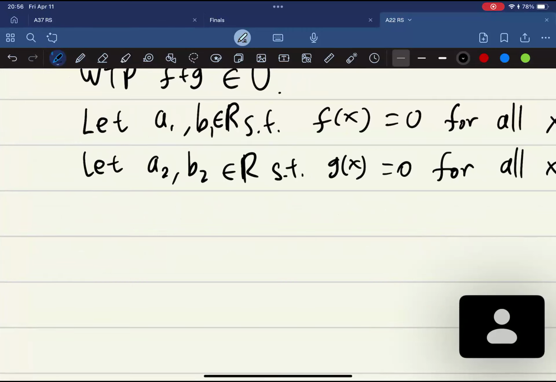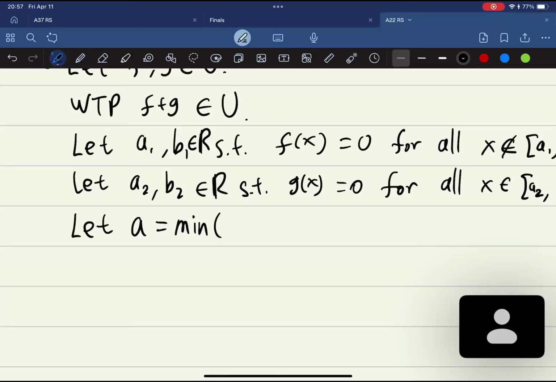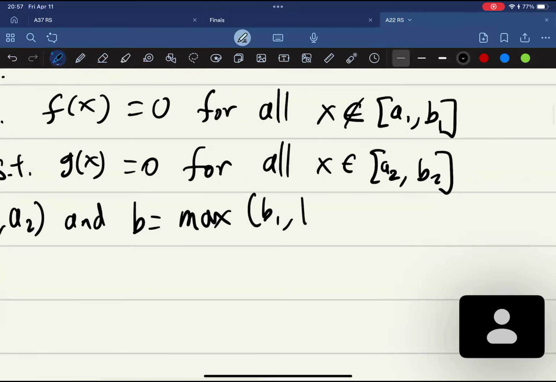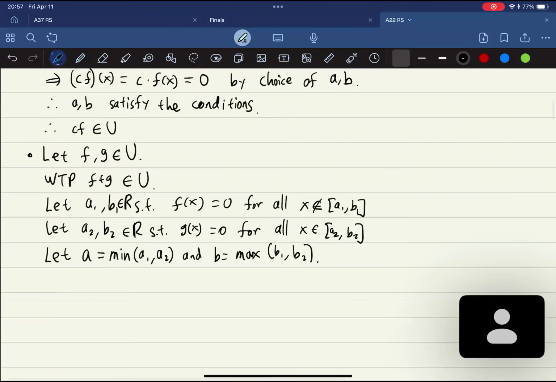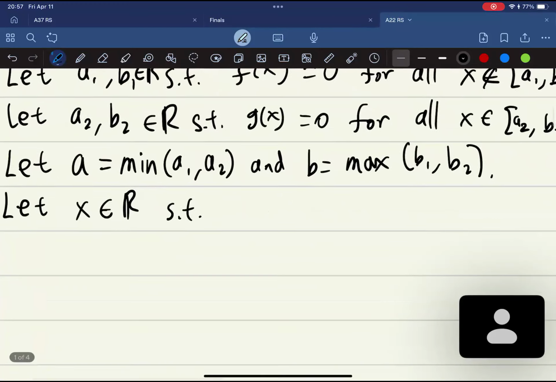And then, as Ahmad said in chat, we let a be the minimum of a1 and a2, and b be the maximum of b1 and b2. And we let x be a real number outside of the interval a, b.